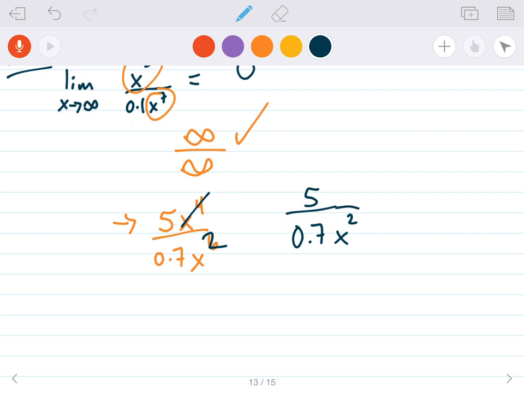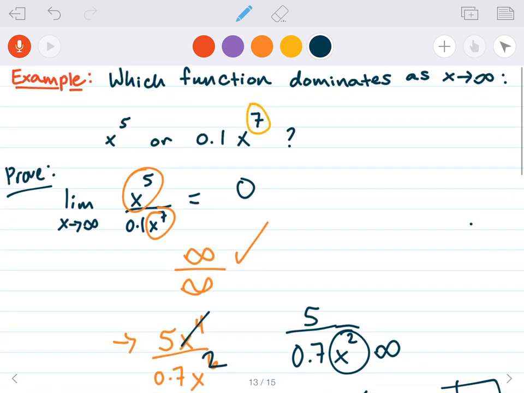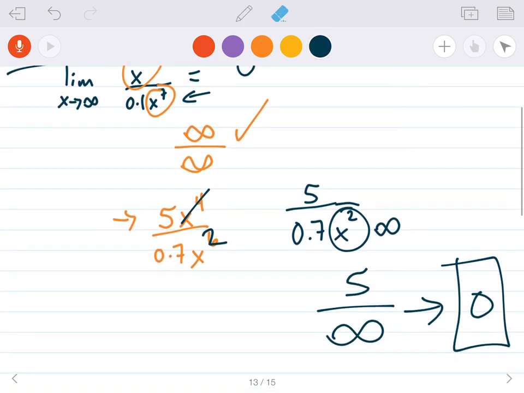Okay. Now if I plug in infinity in for x, well, I just get 5 over infinity. That converges to 0. So we have just proved that x to the 7th dominates x to the 5th, because the limit of this quotient x to the 5th over 0.1 x to the 7th as x goes to infinity is 0. Right? The bottom is growing much faster than the top. That's what's happening there.